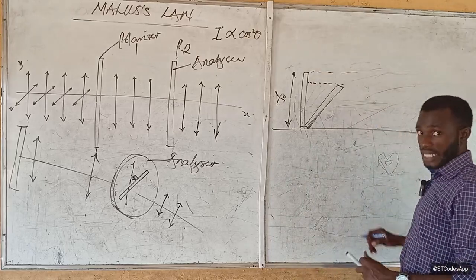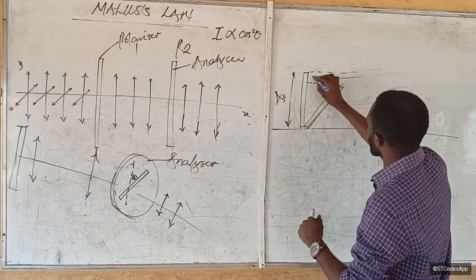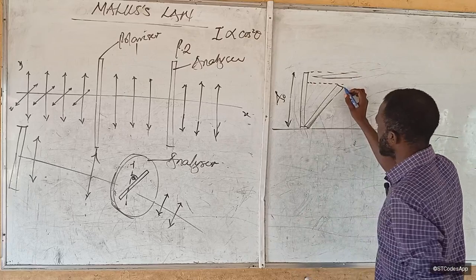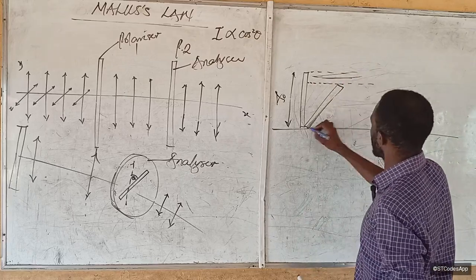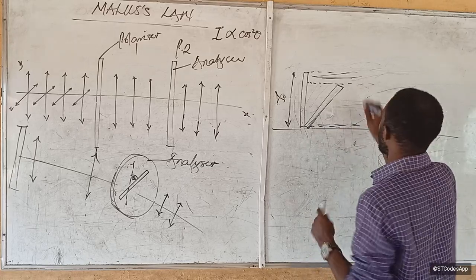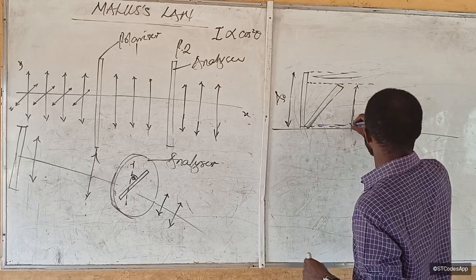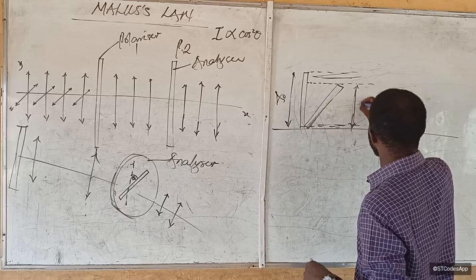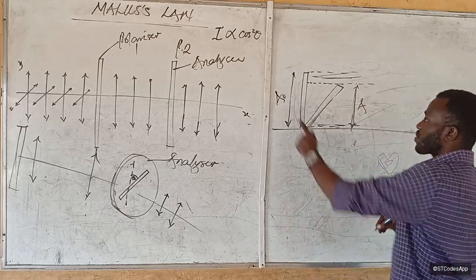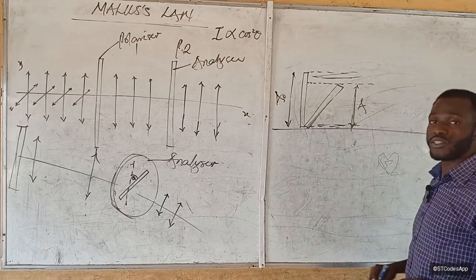So this portion will be absorbed, and this portion here will be absorbed. Then only this portion of amplitude, not wavelength, please, amplitude, will make it out. This portion of amplitude we'll call A. This will be A0, the original amplitude. This is the new amplitude.